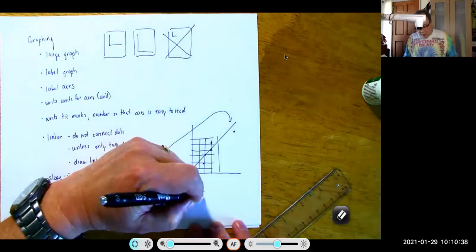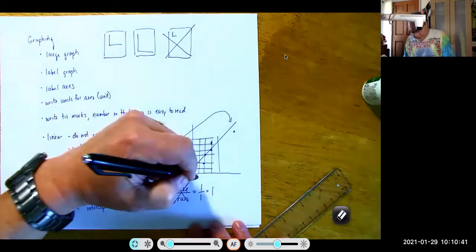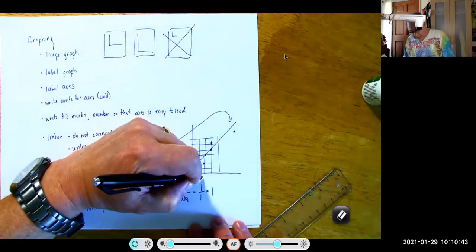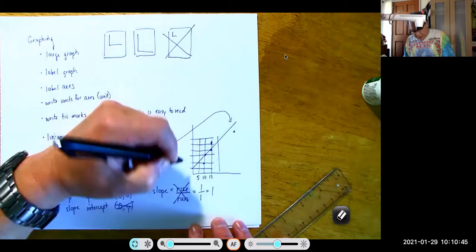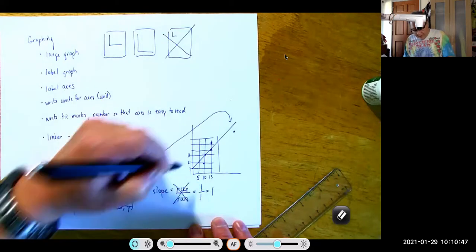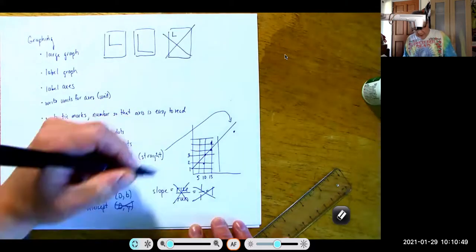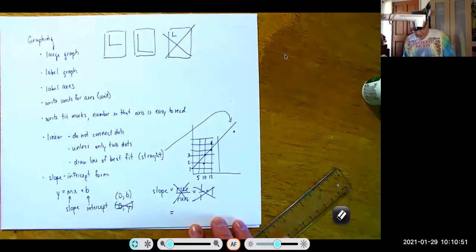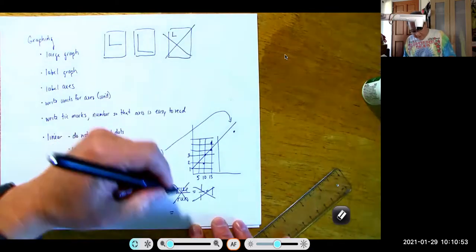And so the slope is 1. But if this is a 5, 10, 15, and this is a 1, 2, 3, then the rise over run is really, in this case, 1/5.